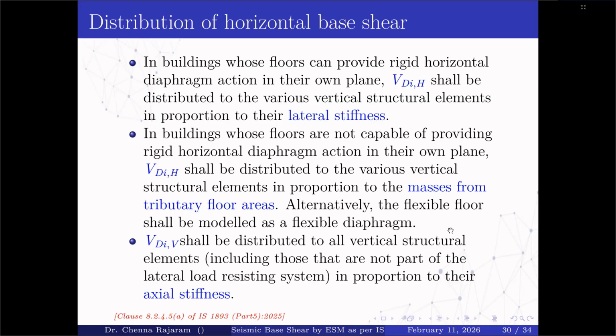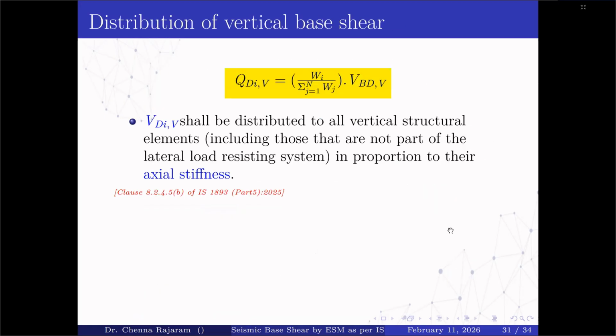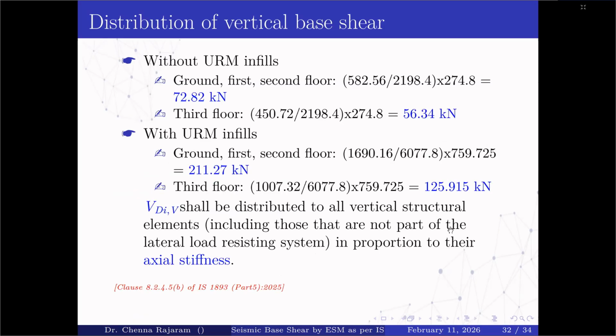In the vertical direction, V_B^DV shall be distributed to all vertical structural elements, including those that are not part of the lateral load resisting systems, in proportion to their axial stiffness. So this is the equation for the distribution of vertical base shear. V_B^DV shall be distributed to all vertical structural elements according to their axial stiffness.